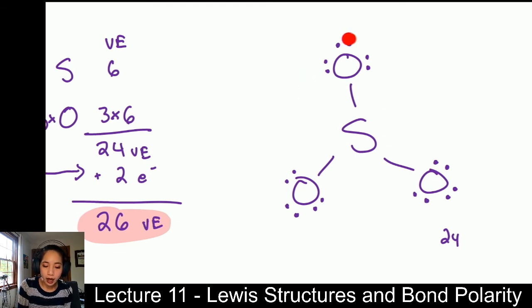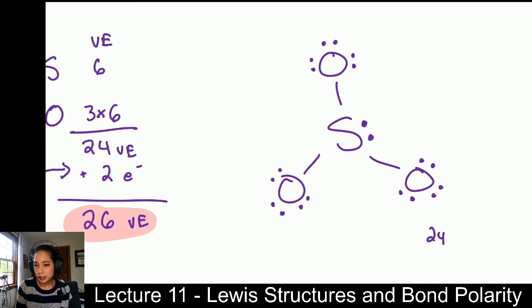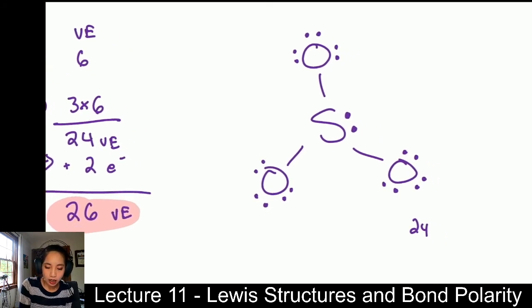Remember that I only placed 6 extra electrons on each of these oxygens because doing so would fulfill the octet for each of them. So I need to place 2 more electrons. All of the outer atoms have fulfilled octets, so now it will go on the central atom. Those last 2 electrons will go on sulfur itself. Now let's check octets.